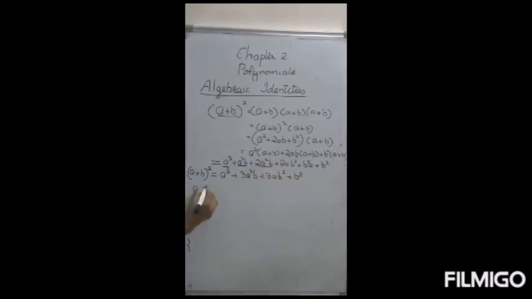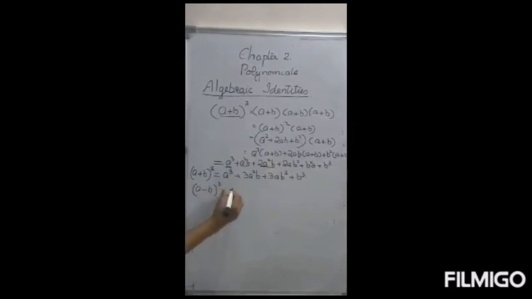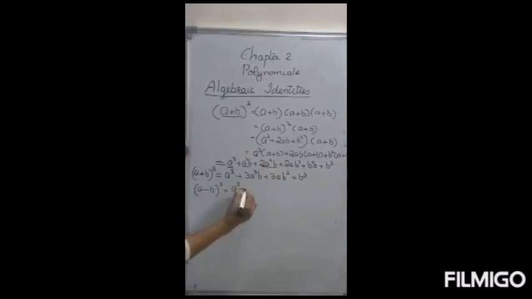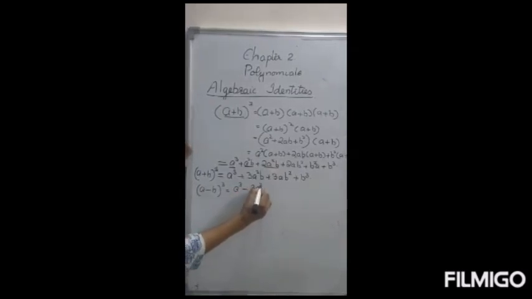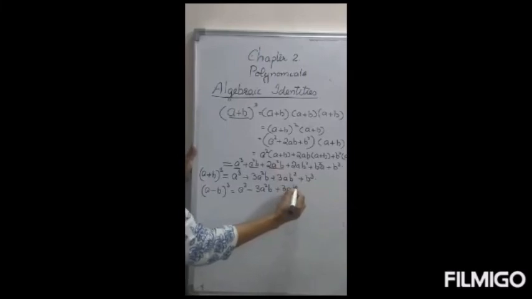Same way, we can also find (a - b) whole cube, that is equal to a cube - 3a square b + 3ab square - b cube.